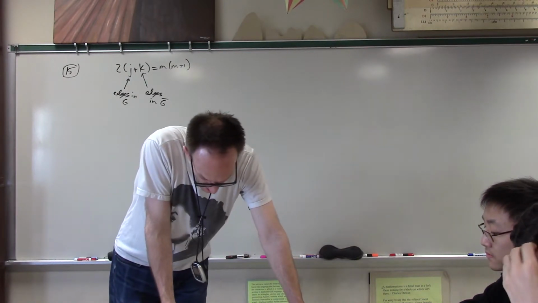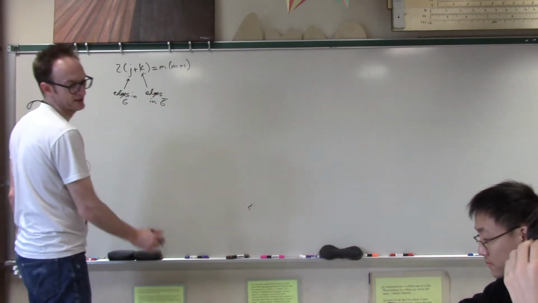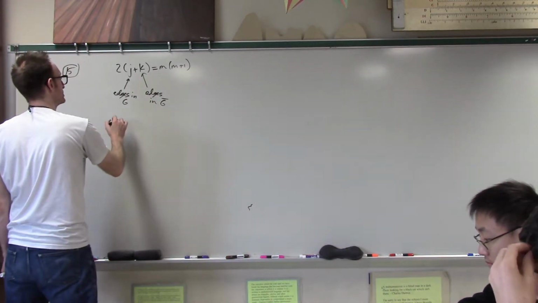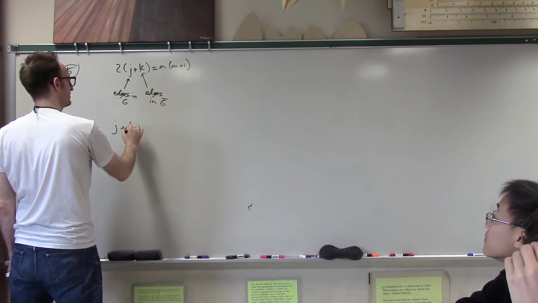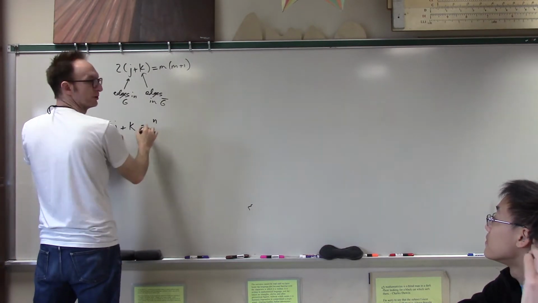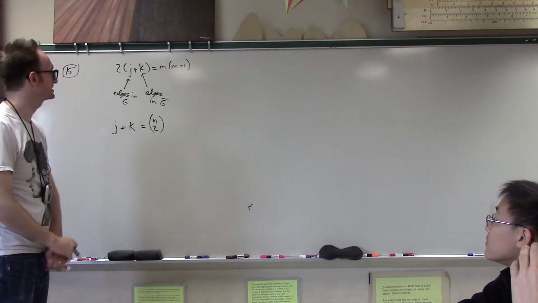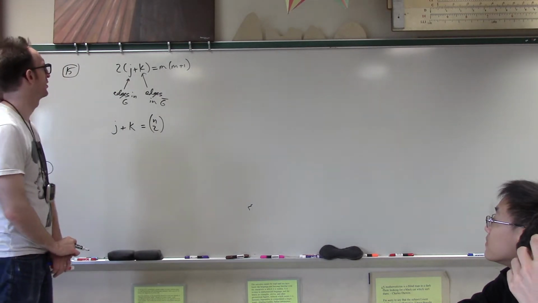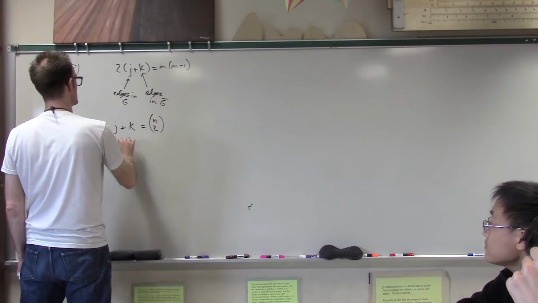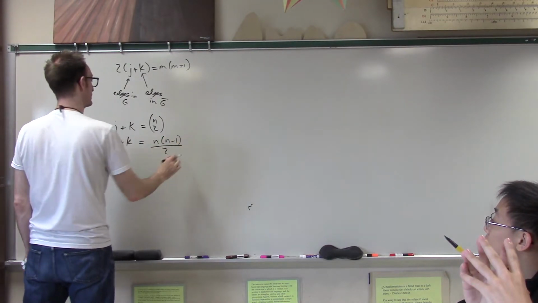So don't we just know by the previous problem that the number of edges in G plus the number of edges in G complement has to be n choose 2, where n is the number of vertices? So then does this just turn into J plus K equals n minus 1 over 2?